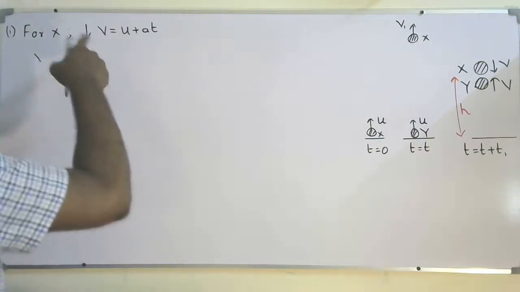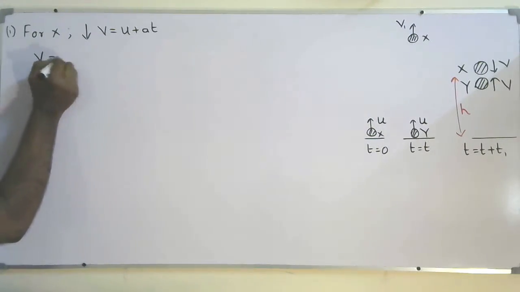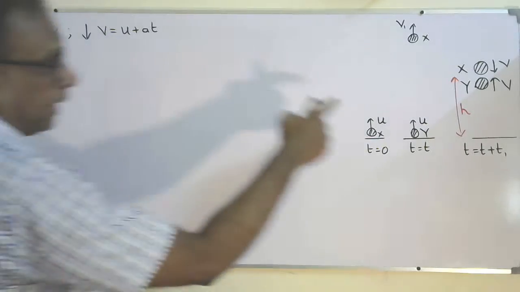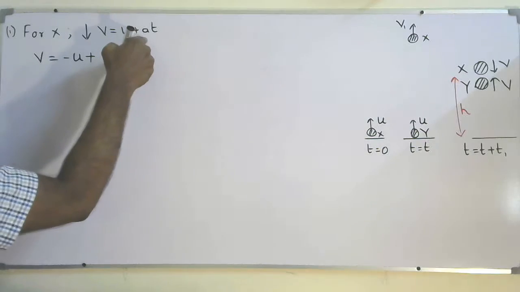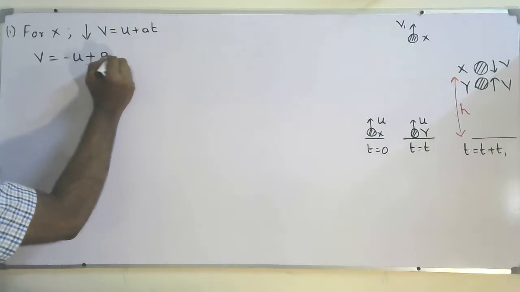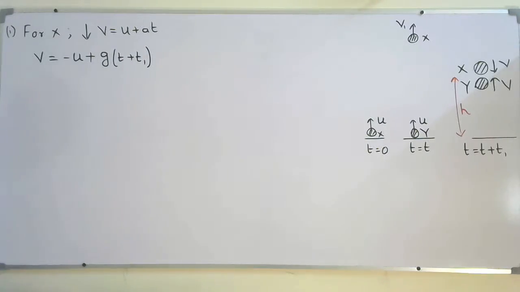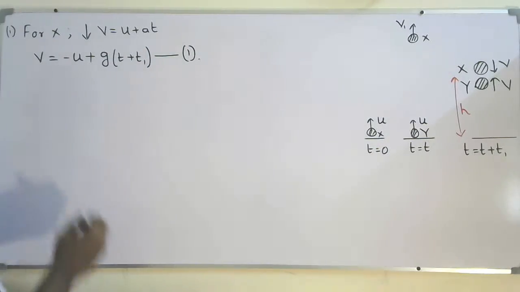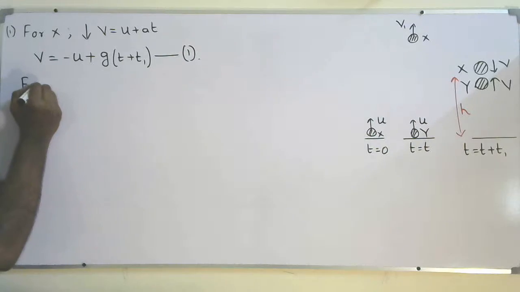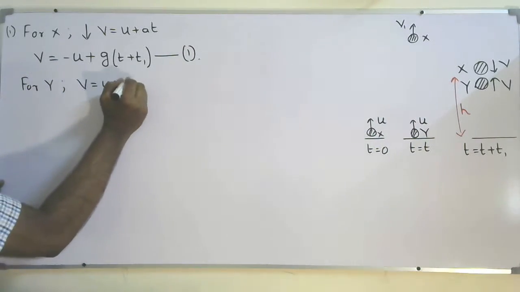So v equal, the initial velocity was upwards, so it should be minus u, plus acceleration downwards, that is g times (t plus t1): v equals minus u plus g(t plus t1). Take it as equation 1.